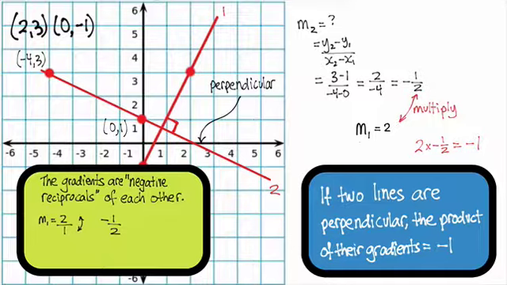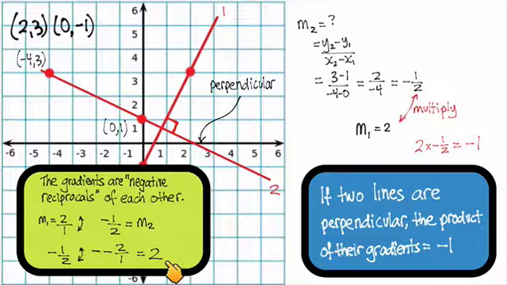If I started with negative a half and went the other way, it still works. So if I had a gradient of negative a half, let's have a look at what the negative reciprocal is. First thing I do is turn that upside down. So now I have negative 2 over 1. But I need to take the negative of that value. So with 2 negatives, I've added another negative in front, which gives a positive, in this case positive 2.